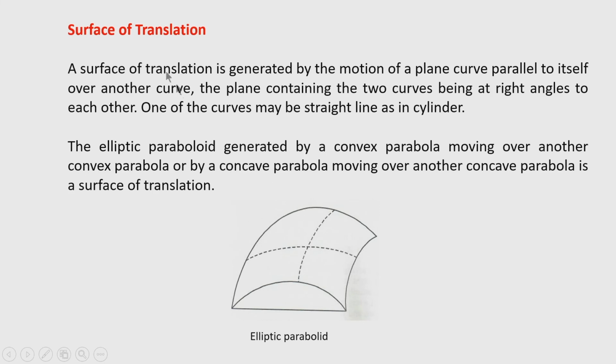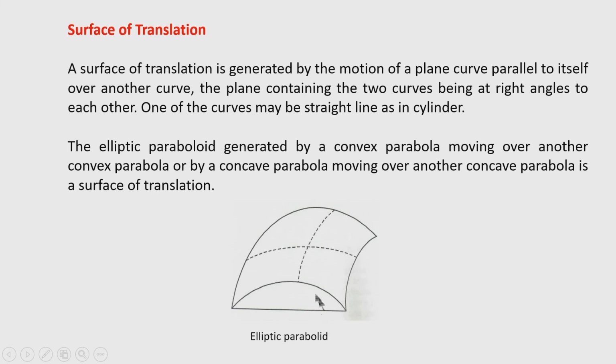used to form the surface of translation, that is one curve is moved over the other curve, that is this surface is generated by the motion of a plane curve parallel to itself over another curve, the plane containing the two curves being at right angles to each other, and such type of curve you are seeing here, that elliptic paraboloid generated by a convex parabola.